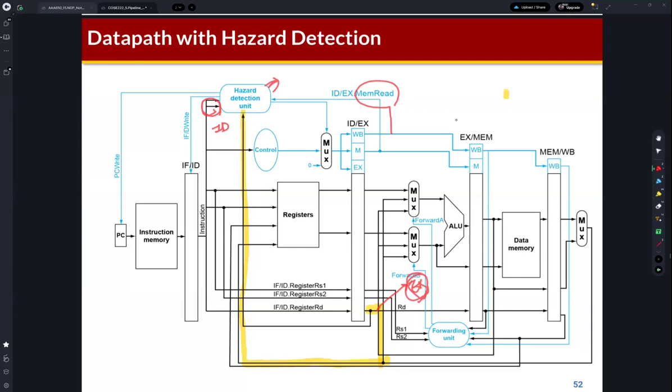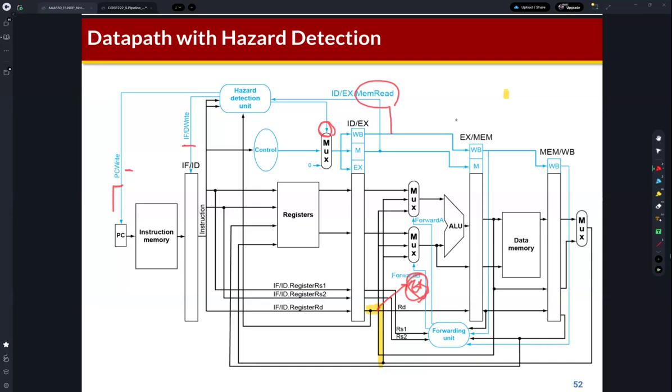And then you can also observe the output control signals from this hazard detection unit, right? The hazard detection unit generates the PC write signal and the instruction fetch/ID write signal, okay? And it also generates this control signal.